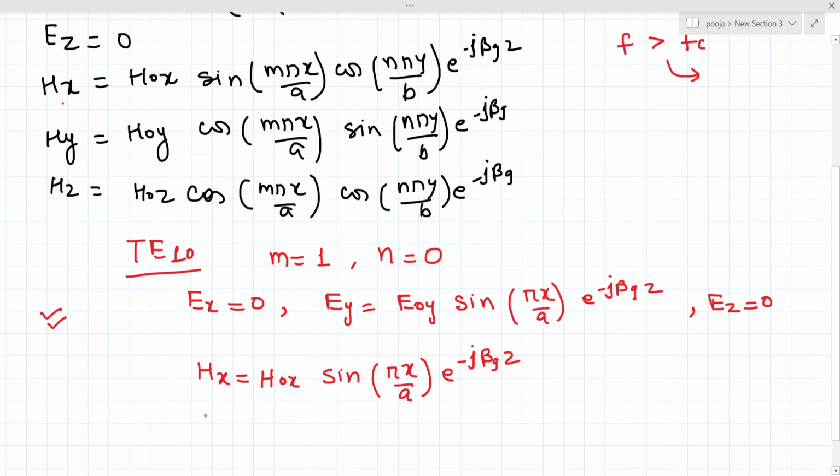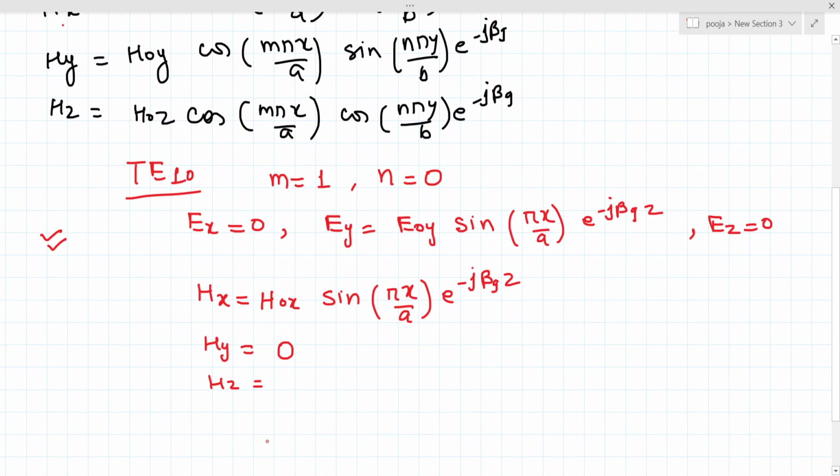Hy, what will be Hy? Hy will be 0 because sine 0, n is equal to 0. If we put n equals 0 here, Hy becomes 0. Hz, what will be Hz? From this equation, H0z cos pi x by a, cos 0 is 1, exponential of minus j beta g z.